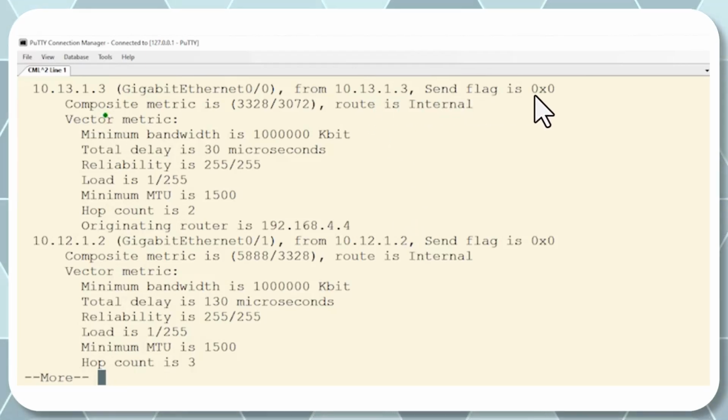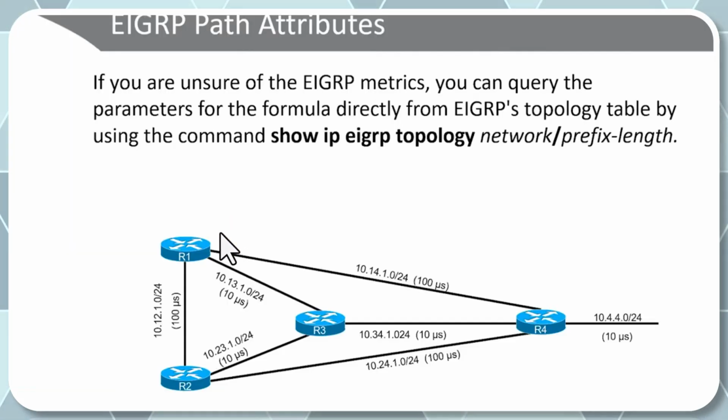Now the composite metric has come, how much? 3328 and 3072, and this route is an internal route. Bandwidth is this, total delay is this, reliability is this, load is this, MTU is this, and hop count is this. And the originating router is 192.168.4.4, which is basically the router ID.